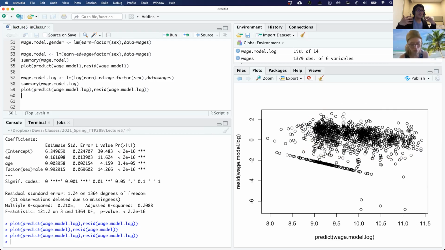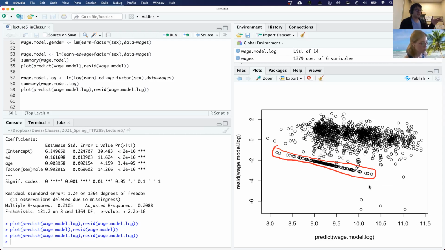When we investigate a little more closely, you could identify these specific points. I could go in and isolate all of these points and see if there's anything in common about them.